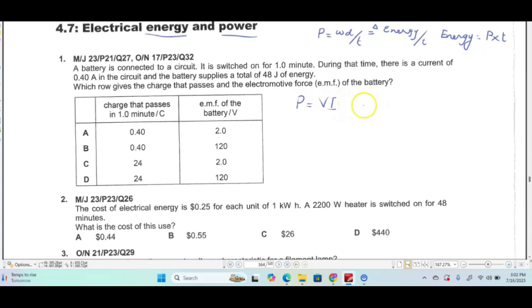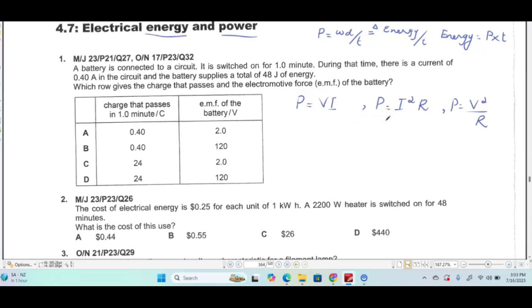One is power is equal to I square R, where I is the current and R is the resistance. And third is power is equal to V square over R, where V is the voltage and R is the resistance.